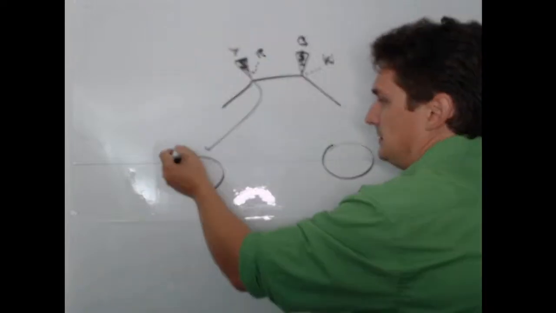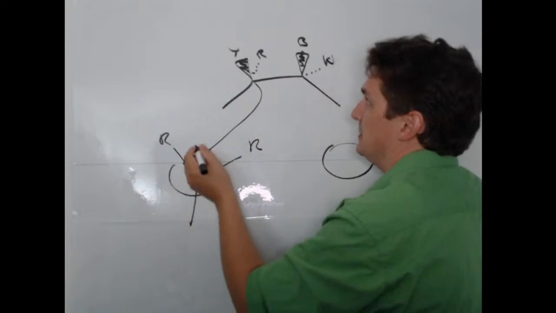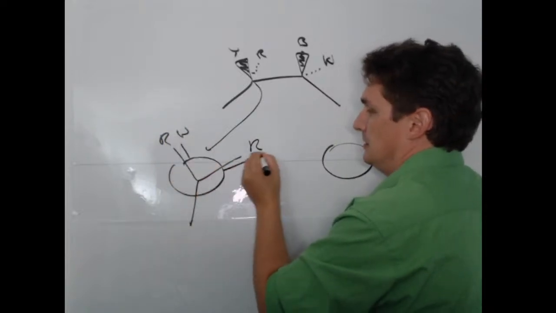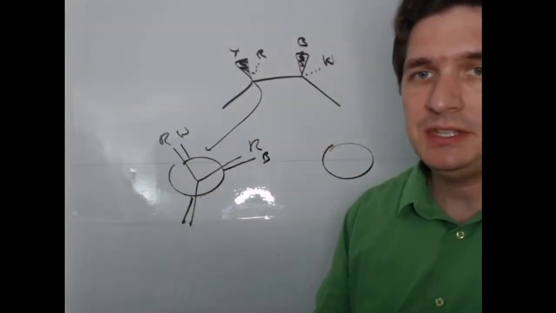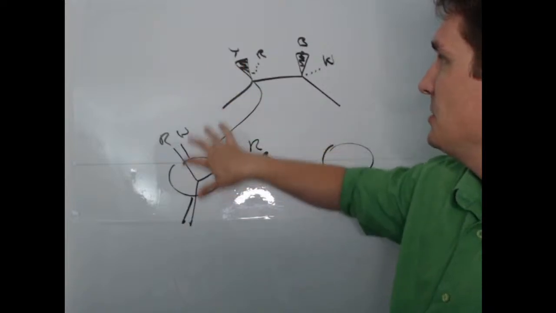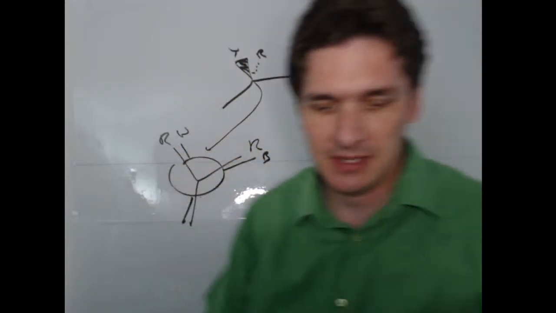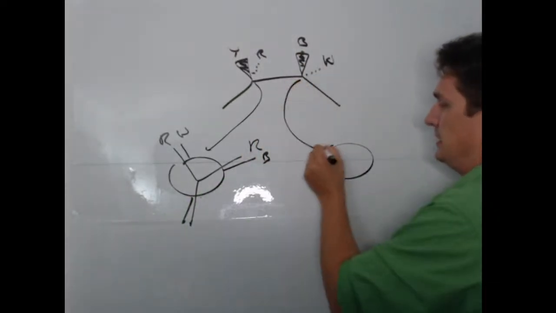So you're going to have yellow, red, and the atom down, and behind it, you're going to have the white, the blue, and the other group. So in this case, all the wedges are on the right side and all the dashes are on the left side. But let's say I want to look at it with this being the front atom.